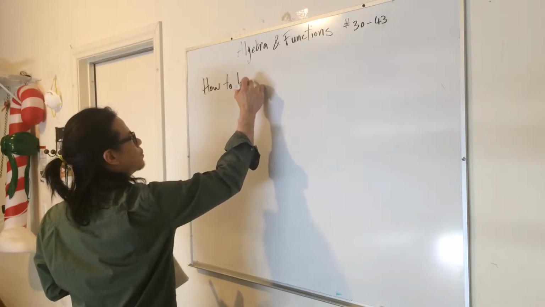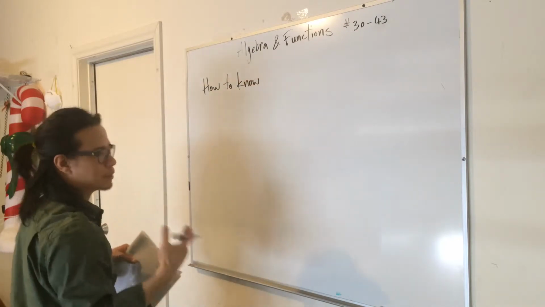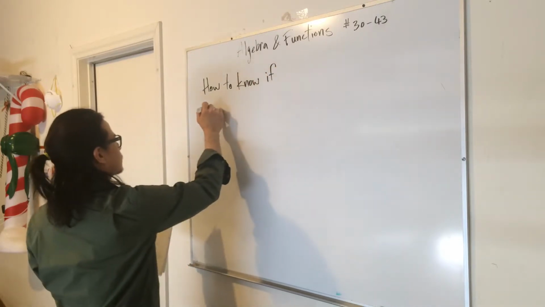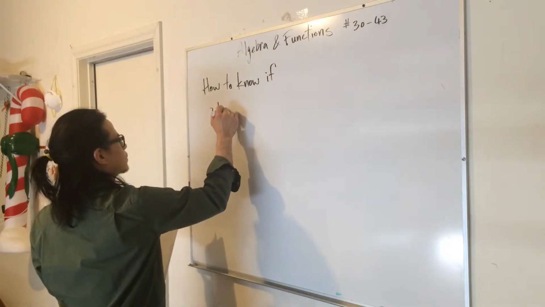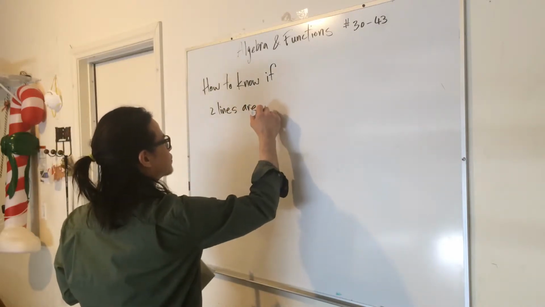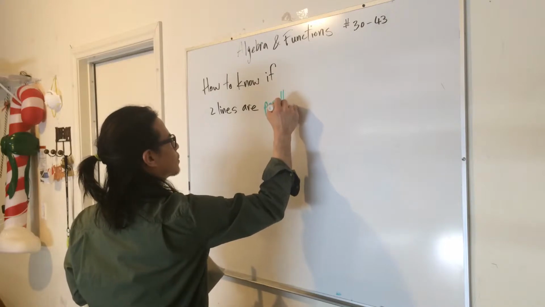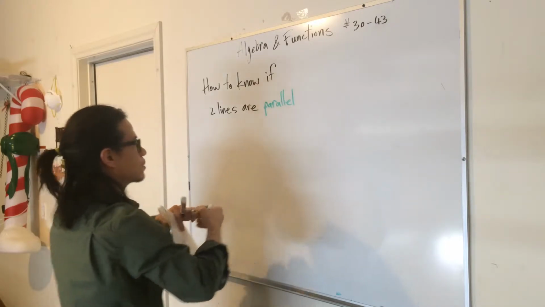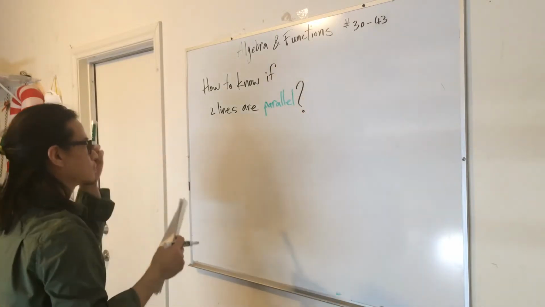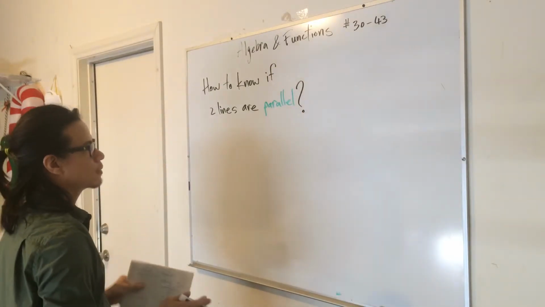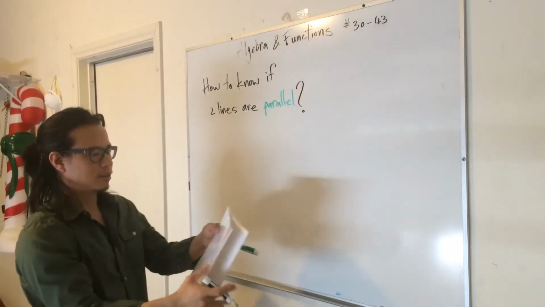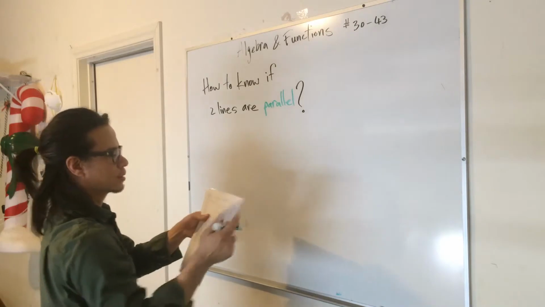How to know if 2 lines are what we call parallel. Meaning they run side by side and never cross. Two parallel lines go on side by side and never intersect.